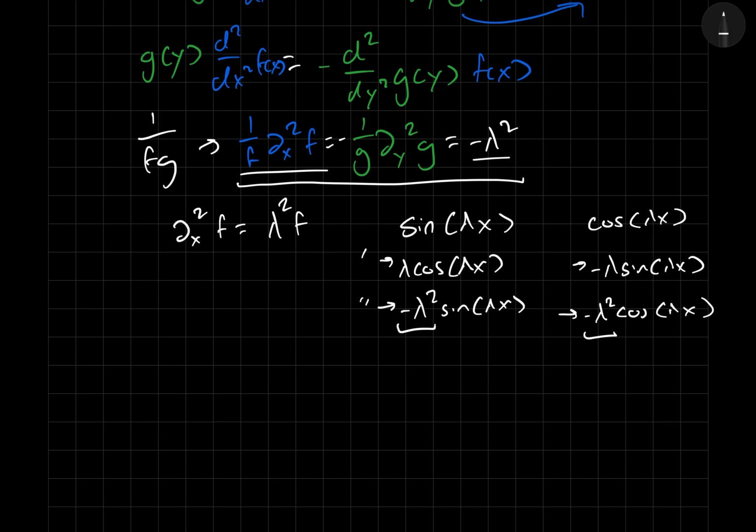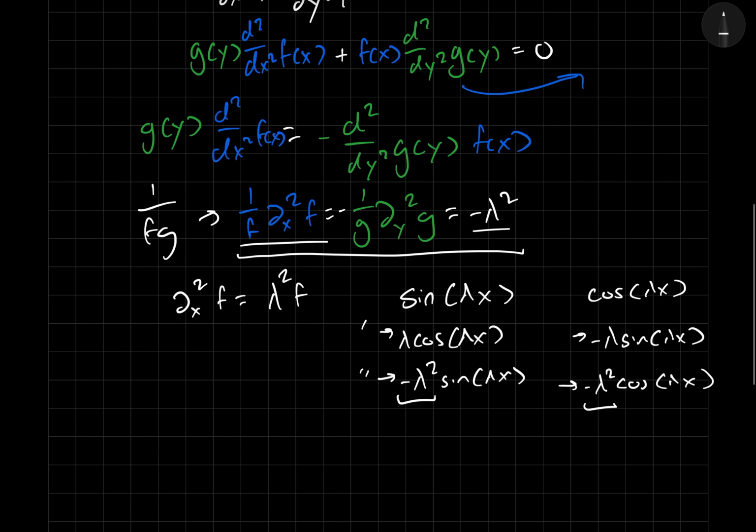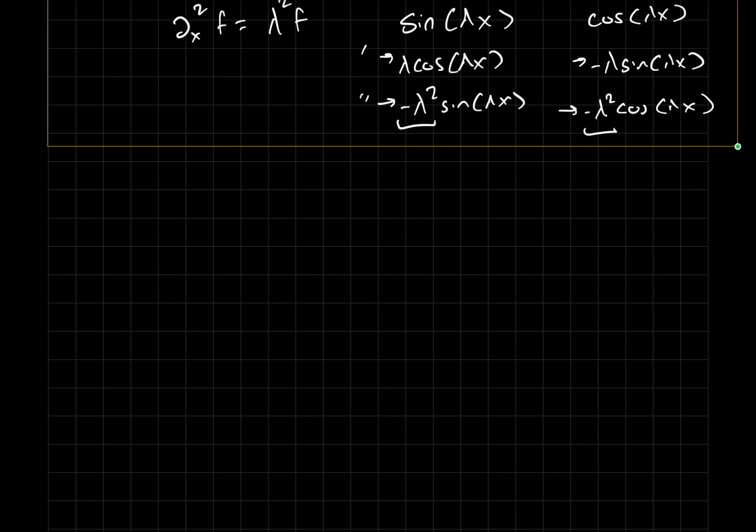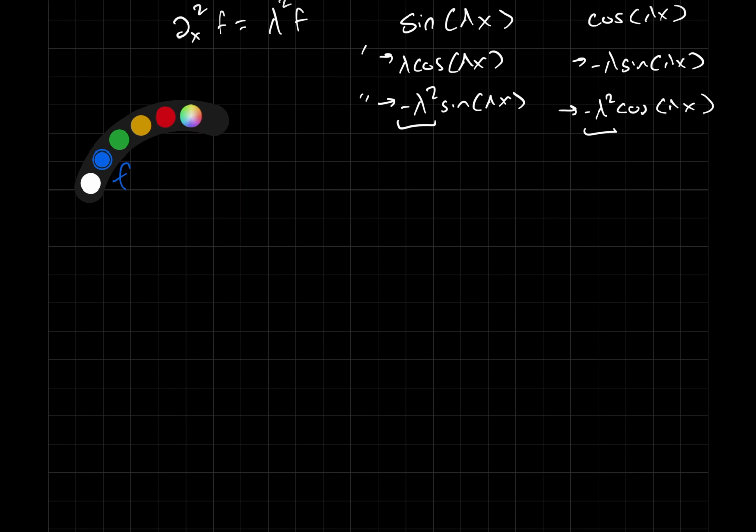Okay, so let's start with the f side, since this is what we have the homogeneous boundary conditions with. So for this side, we know that f of 0 equals 0.